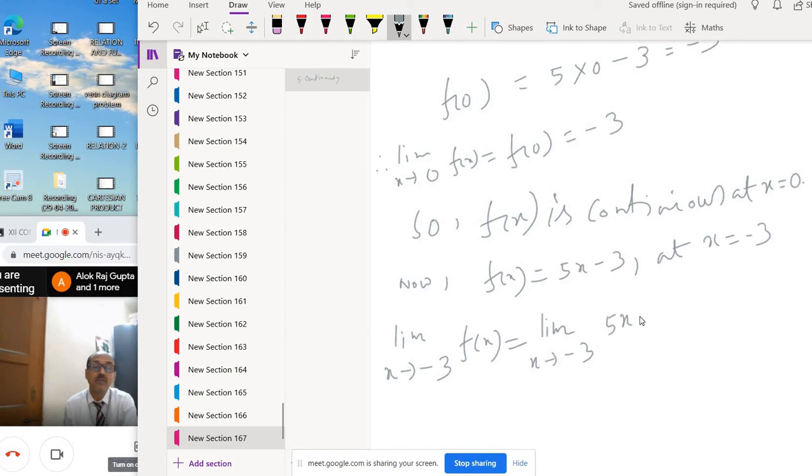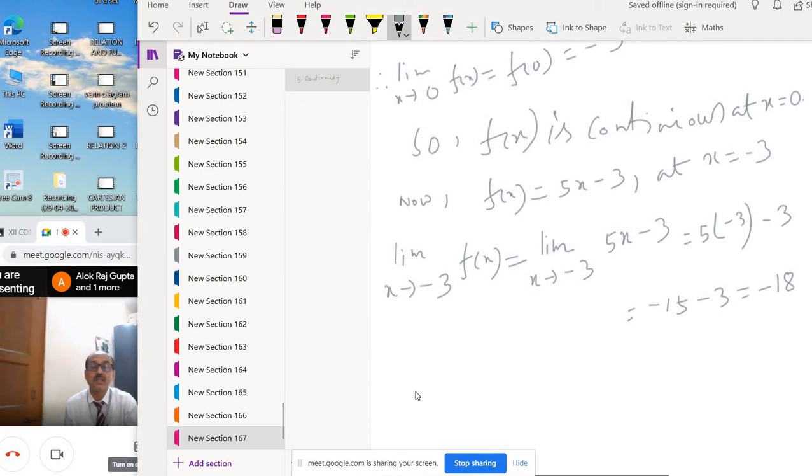Put x equal to minus 3 because x tends to minus 3, so 5 into minus 3 minus 3, equal to minus 15 minus 3, equal to minus 18. So the limit as x tends to minus 3 of f(x) is minus 18.